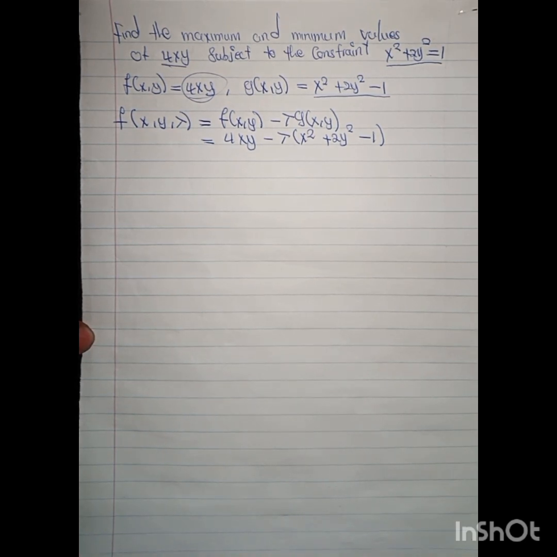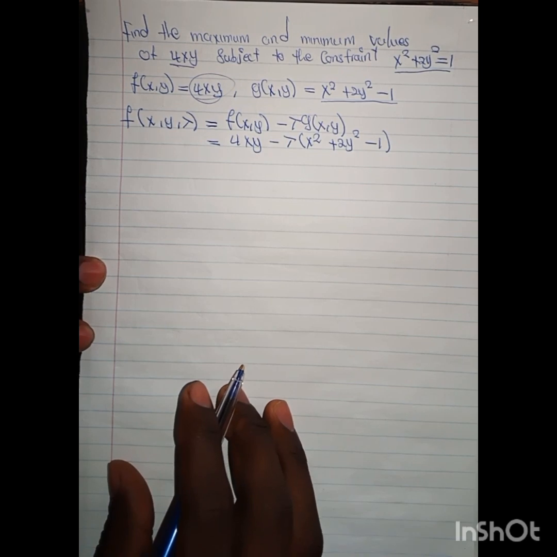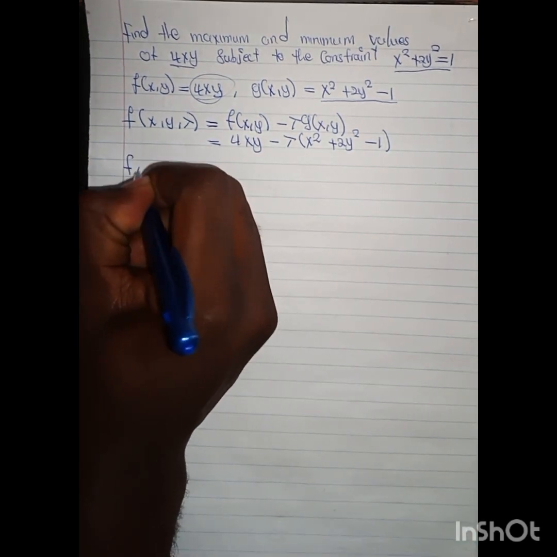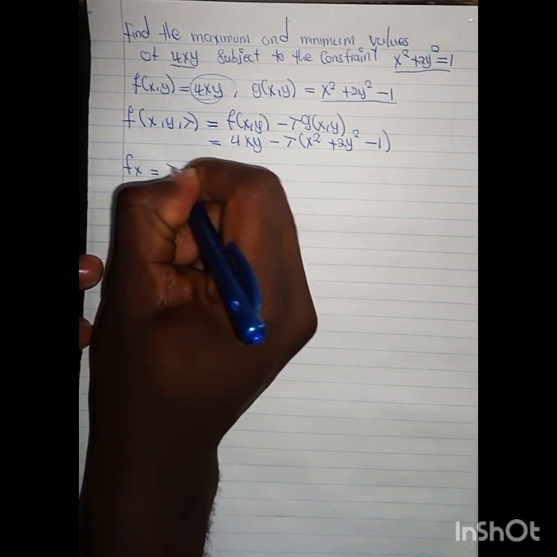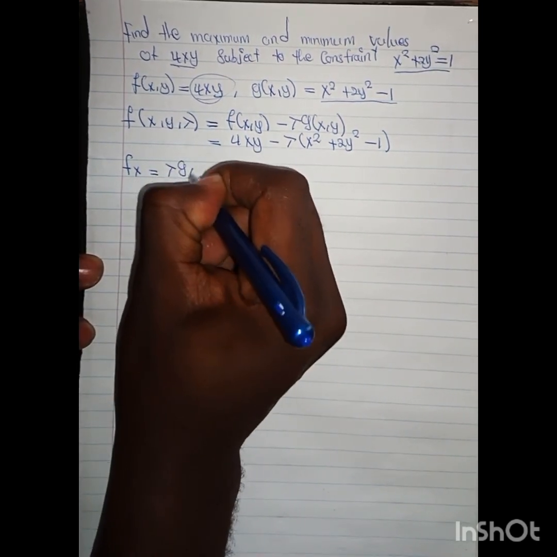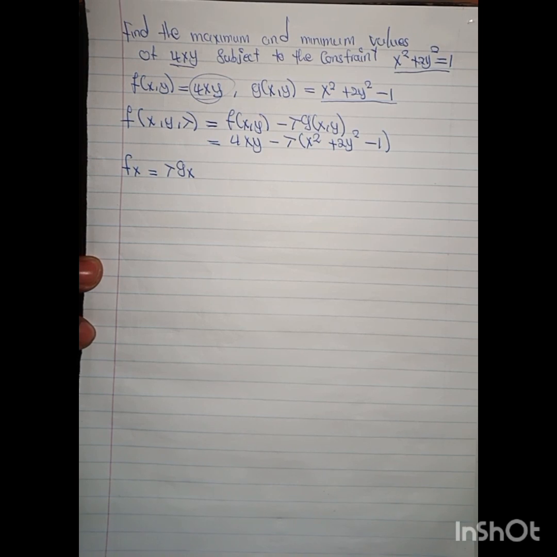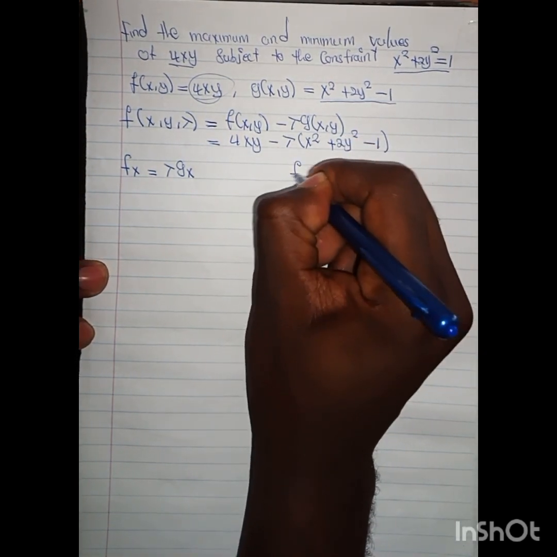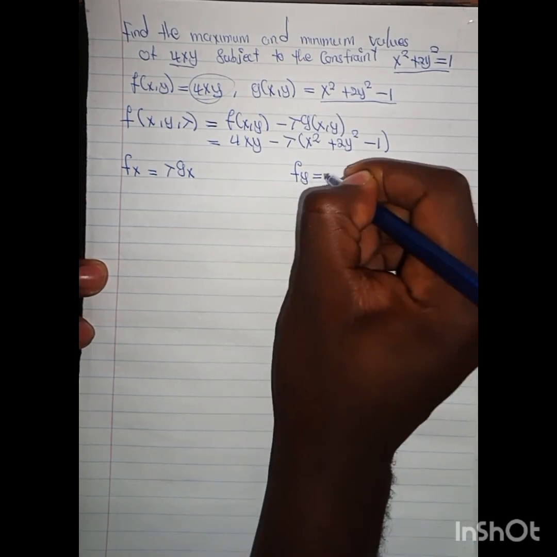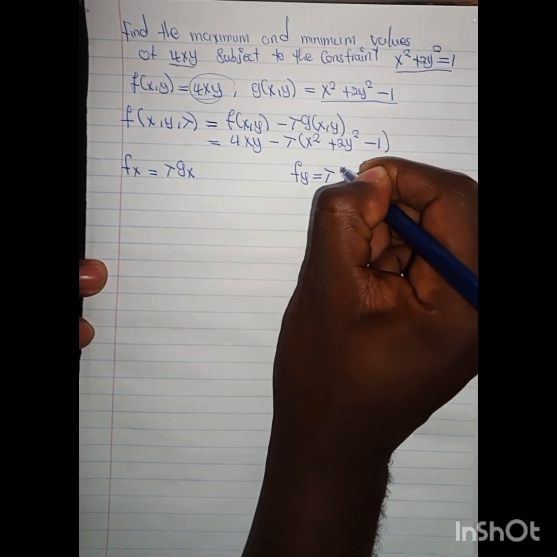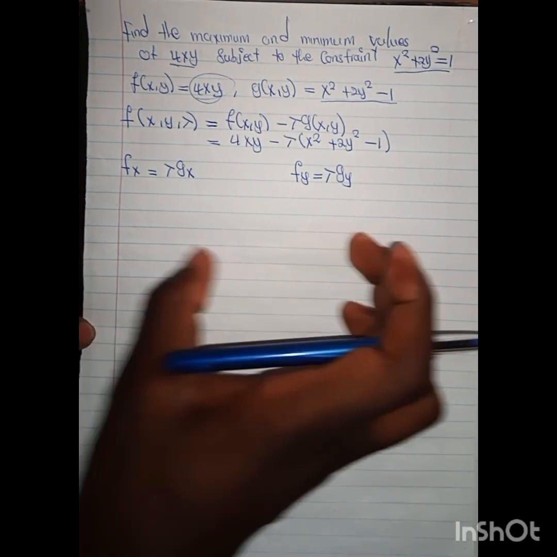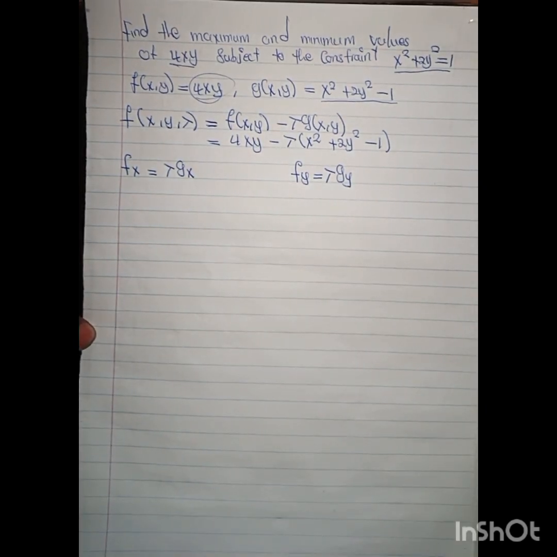Then we have the following equations that we are going to use. F sub x is given by lambda g sub x, and then we also have f sub y is given by lambda g sub y.